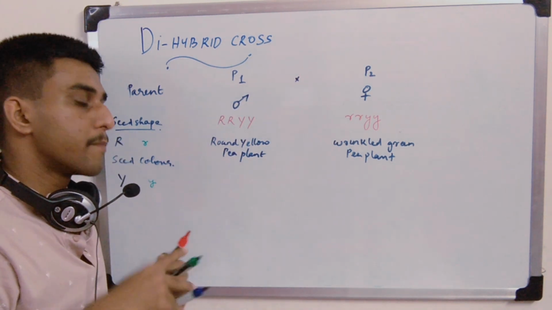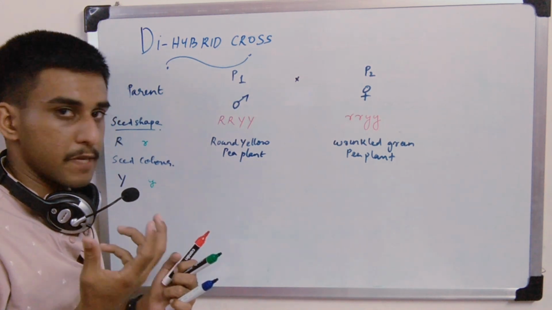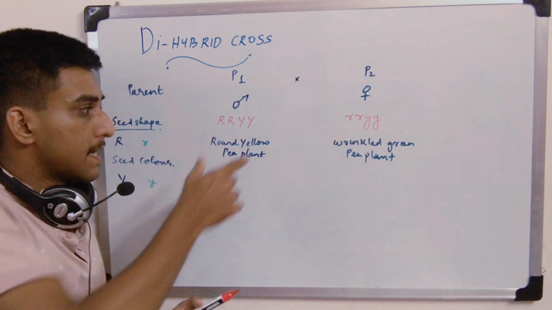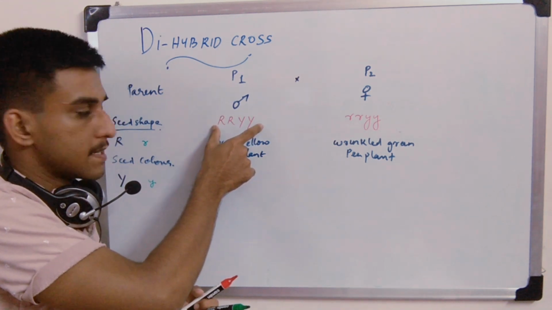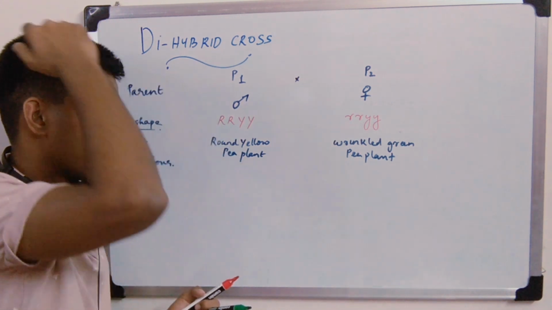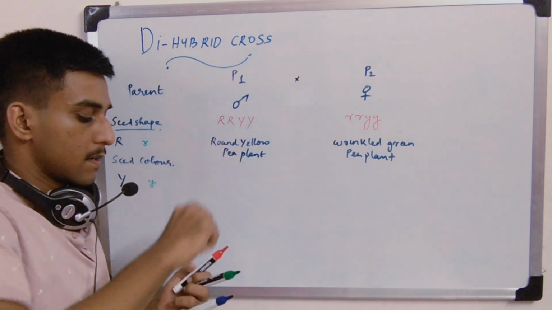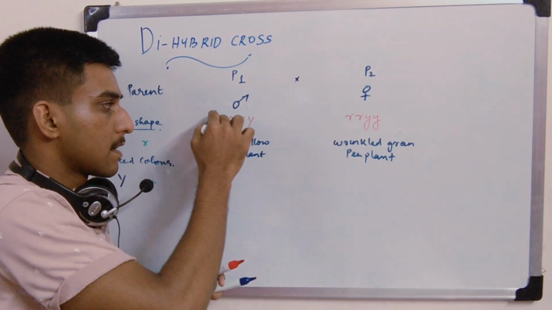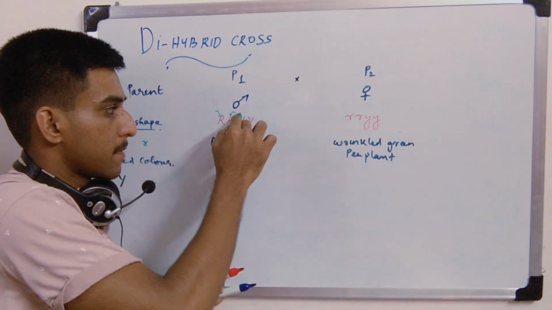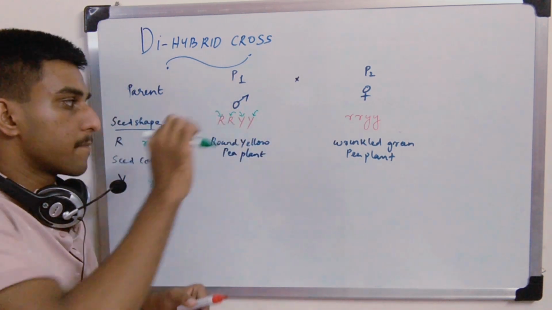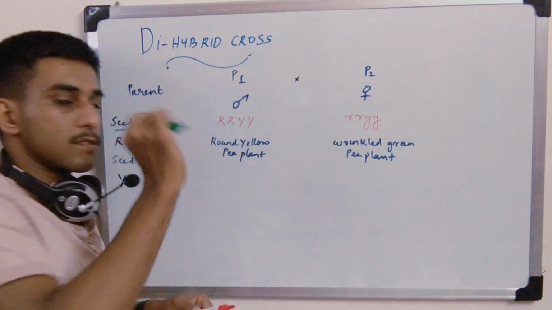So we are going to make the gametes. How is the gamete formed? We know that gametes are formed by the process of meiosis, right? Reduction division. Here the condition is 2n, right? We have studied the basics. 2n means it will have two sets of chromosomes. One set of chromosomes here, one set of chromosomes here. One set of chromosomes will have the R and the other set will have the other R. The same set will have Y, the other set will have Y. We have dealt with this very clearly in the first lecture, first part, right?